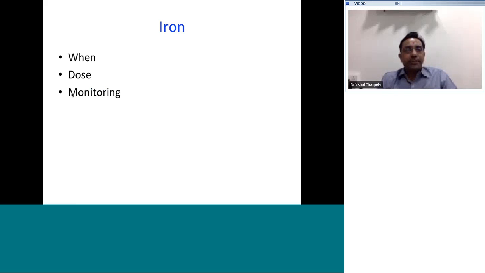My dear friends, I want to emphasize that the majority of our Indian children are iron deficient, and especially those with chronic congenital heart diseases, because of various reasons, nutritional issues, things like that. So ideally, we should give iron to almost all children with congenital heart disease, even those with dilated cardiomyopathy, because we want to increase their oxygen carrying capacity. And the majority of them are anemic.